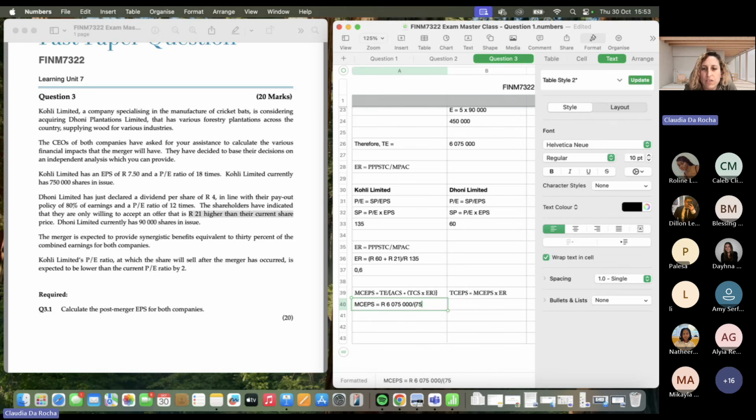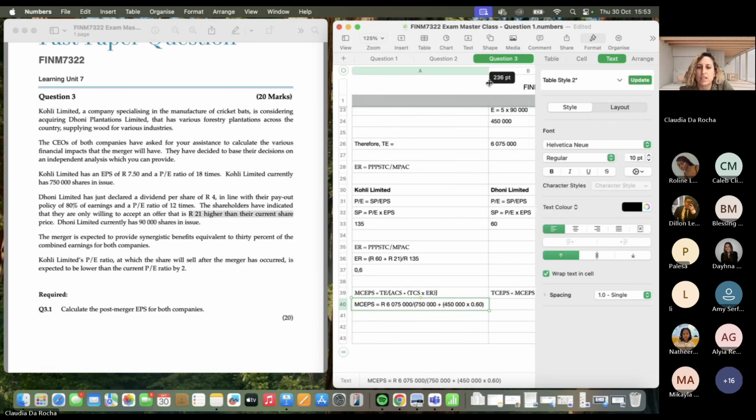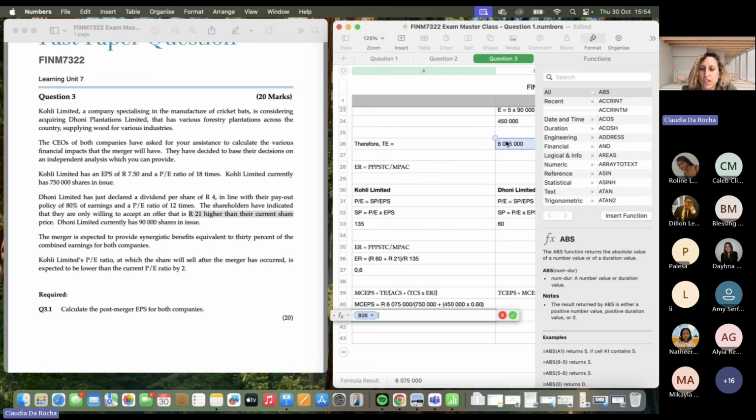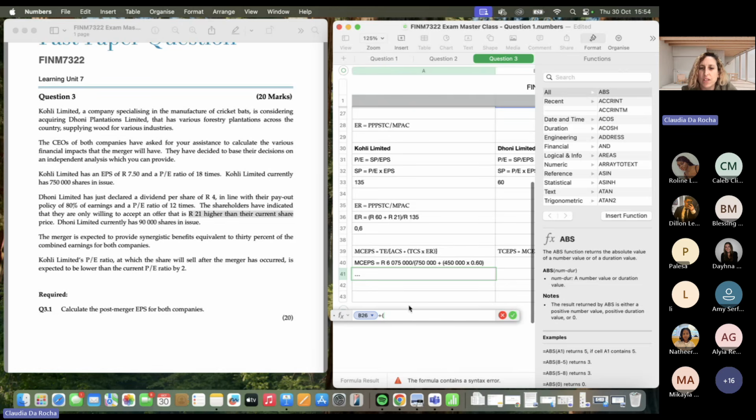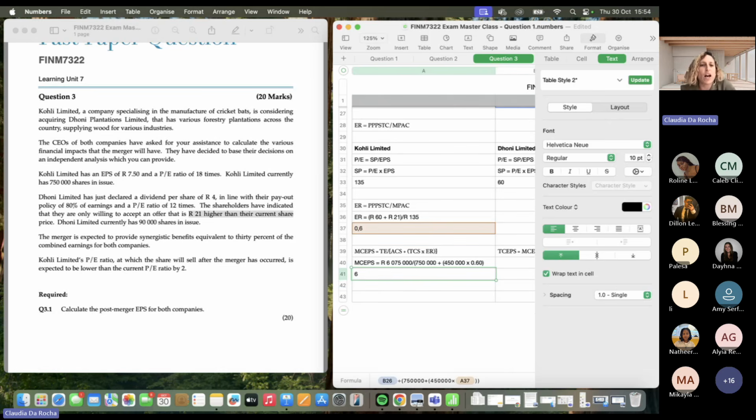The acquiring company shares is 750 plus the target company shares, which we know is 450 times the ER, which is 0.6.